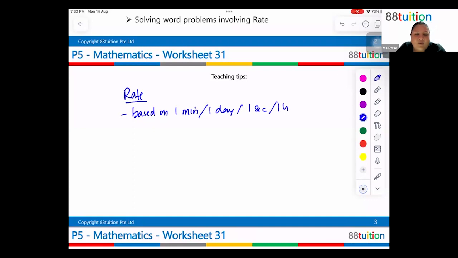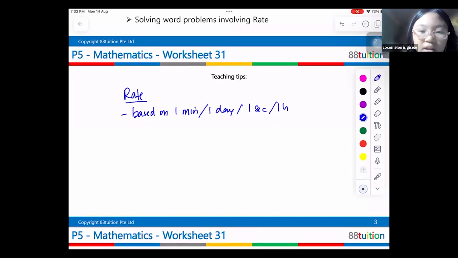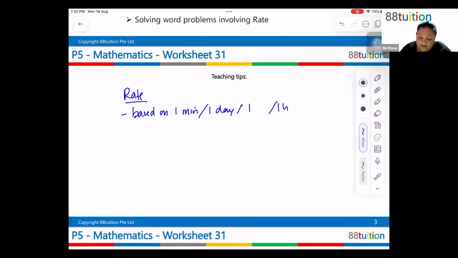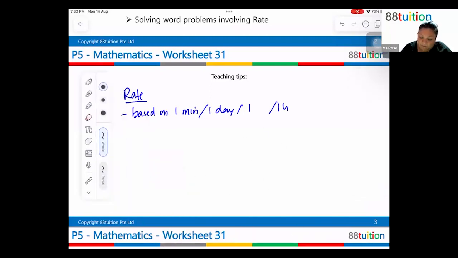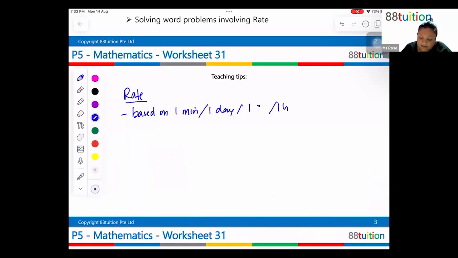It is always based on per unit. I thought second is only S. Okay, sorry, my bad. So 1S. Second. It is always based on per unit.